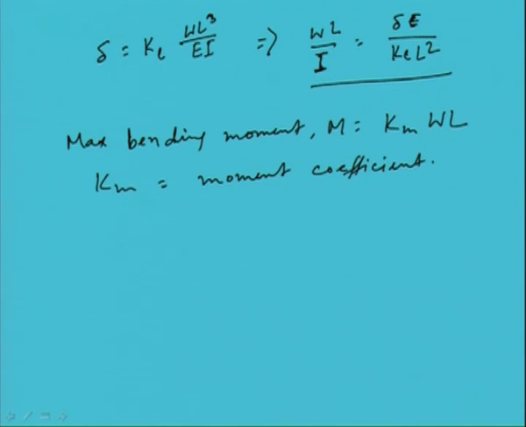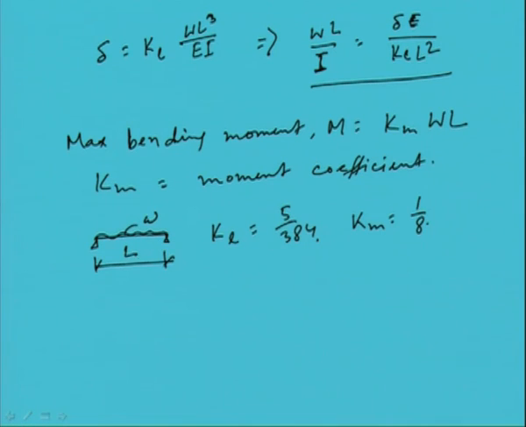Now, suppose for a UDL load with span L, we know what KL will be. As per the tabular form we have shown earlier, the KL value will become 5 by 384 and the Km value will become 1 by 8.